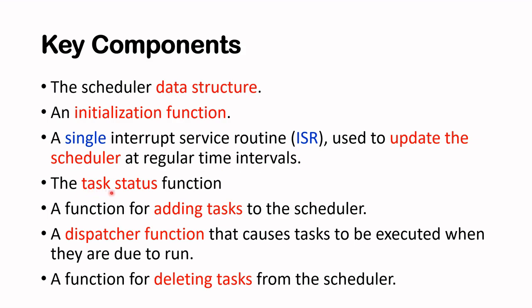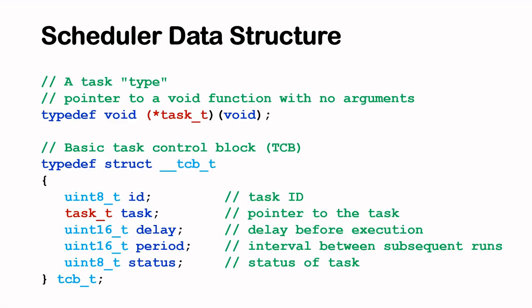Then there is a task status function, then a function for adding tasks to the scheduler, then a function called dispatcher. Basically, the dispatcher function causes tasks to be executed when the task is ready to run. Then there is a function for deleting tasks from the scheduler.